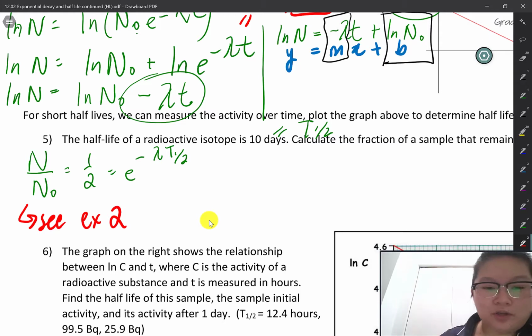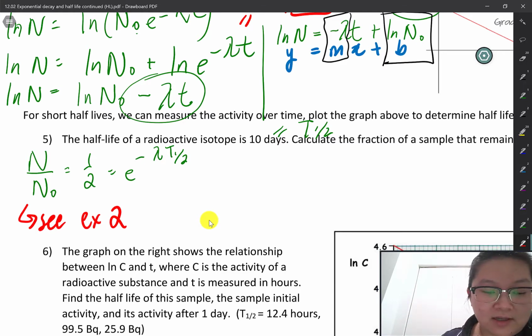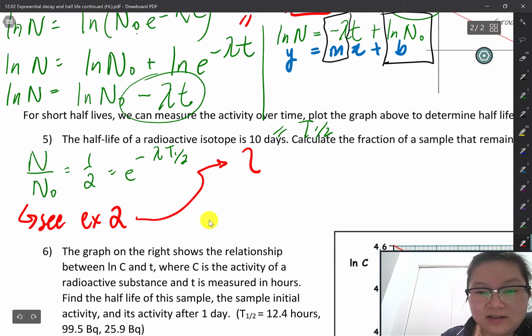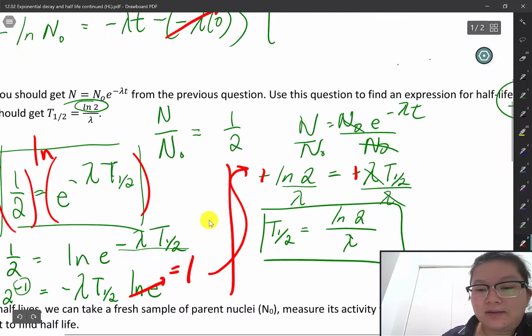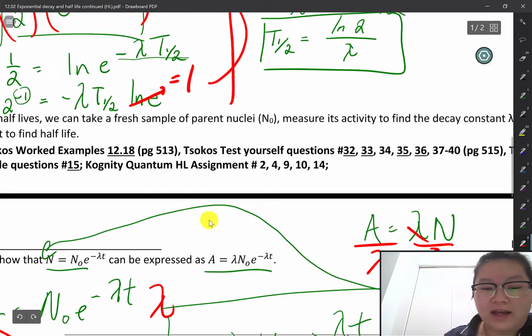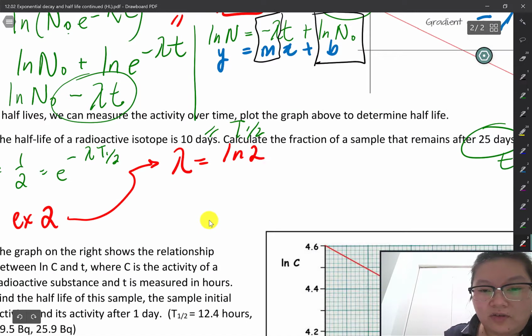And after you show example 2, after you solve for the decay constant, you're going to get the decay constant is equal to ln 2 over the half-life. Ln 2 over half-life is, for us, going to be ln 2 over 10 days.